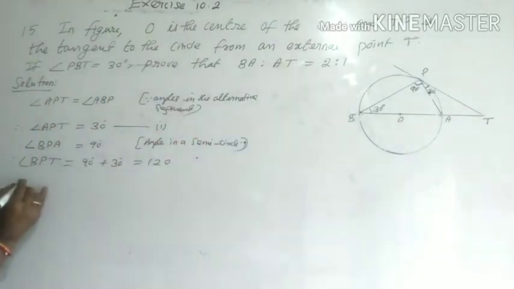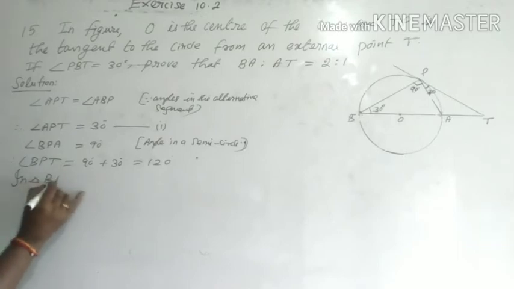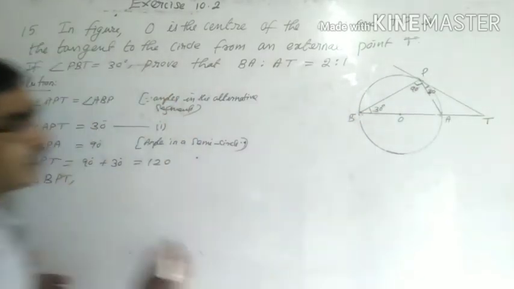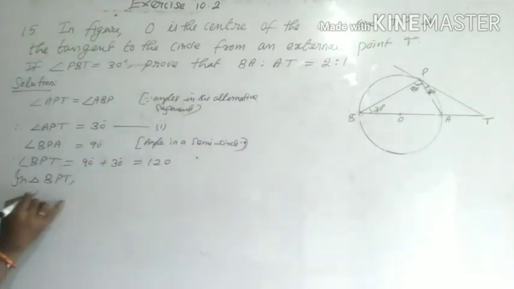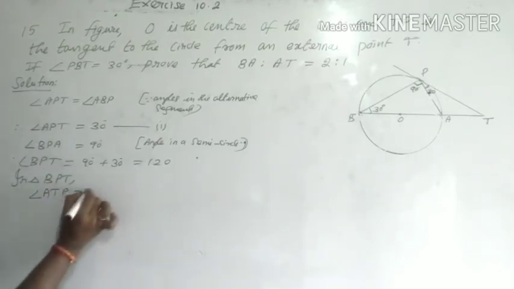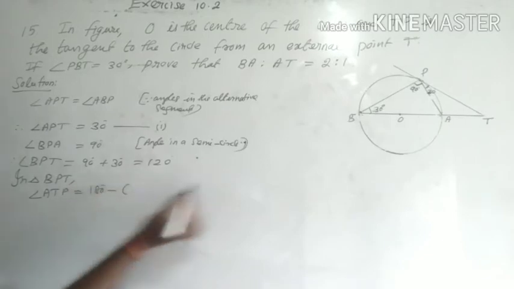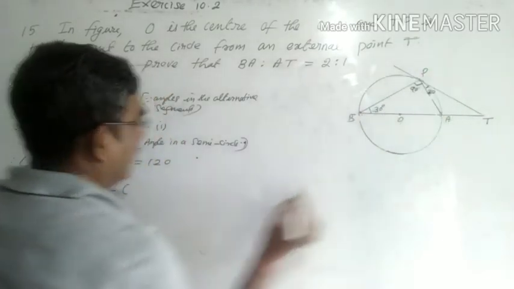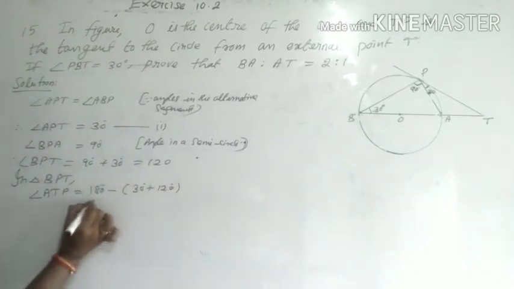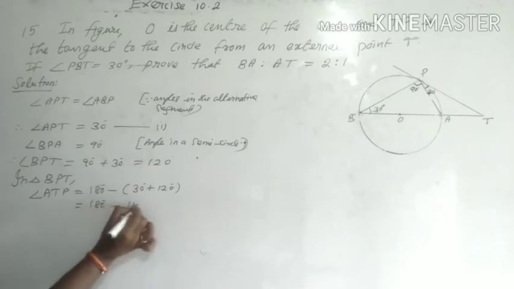Therefore, now in the triangle BPT, one angle is 30, this is 120. We can find out this angle ATP. Angle ATP equal to 180 minus, because all the angles together are 180, minus 30 plus 120. 30 plus 120, so what comes here? 180 minus 150.